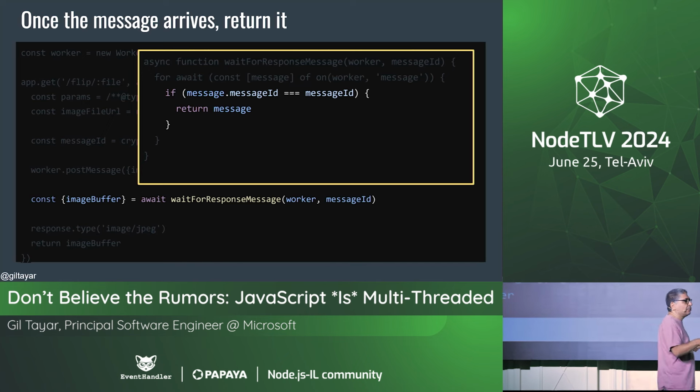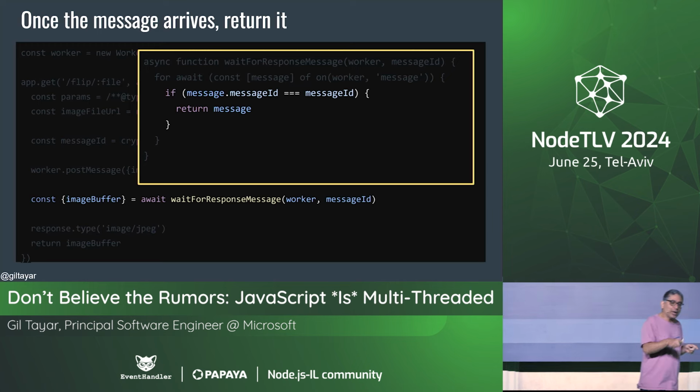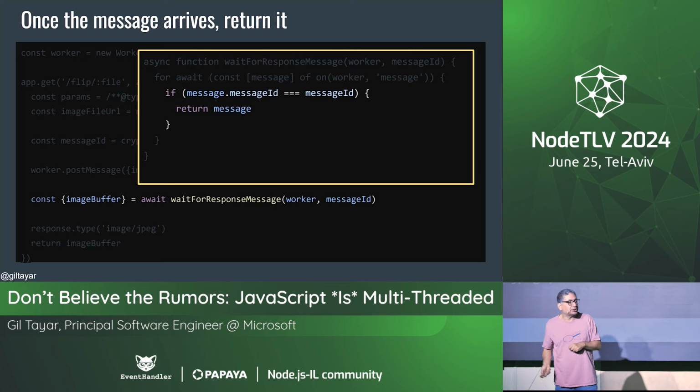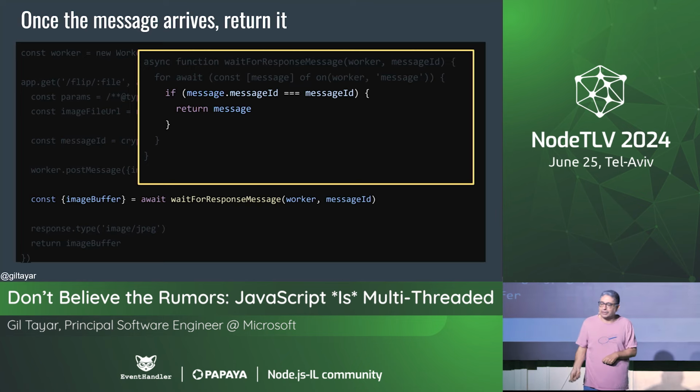Now notice when I return it, what happens? The for await knows that I'm leaving the for await, and it removes the event listener from the worker. So the whole addEventListener, removeEventListener, even if it throws, even if it doesn't throw, just happens automatically. The code is much nicer.